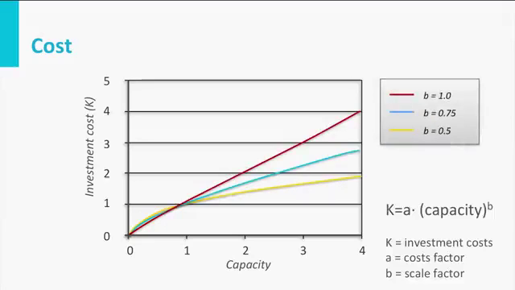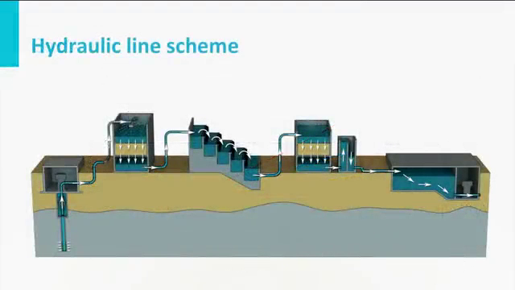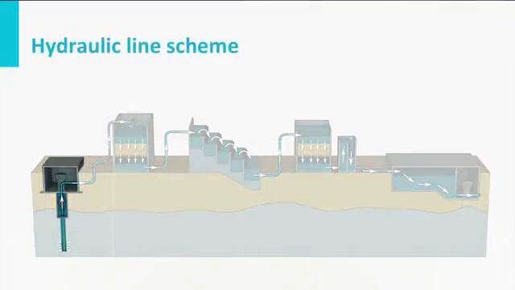For example, the investment in the treatment process can be estimated from the cost function that gives a relation between capacity and investment cost. A treatment plant is normally fed by pumps, bringing the water to a level from where it is able to flow under gravity through the treatment plant to the clear water reservoirs.